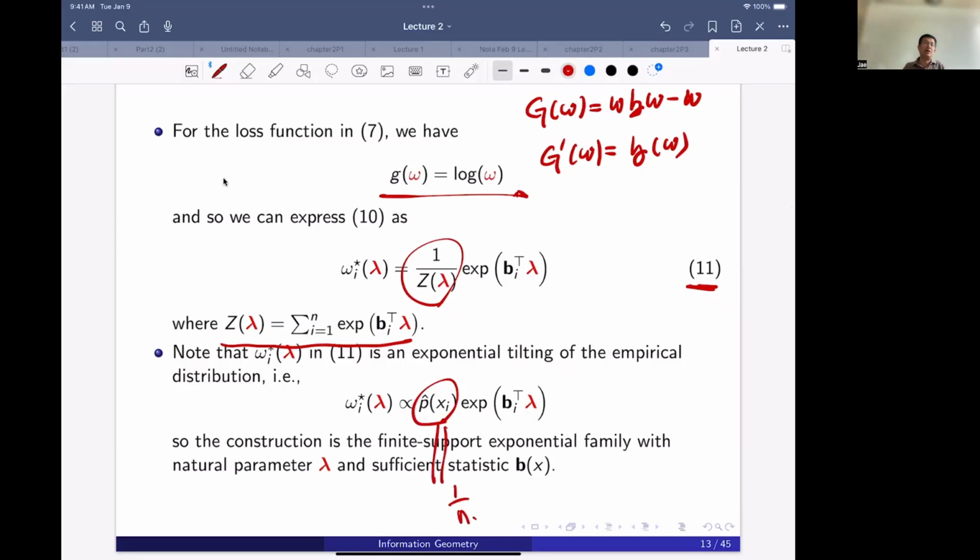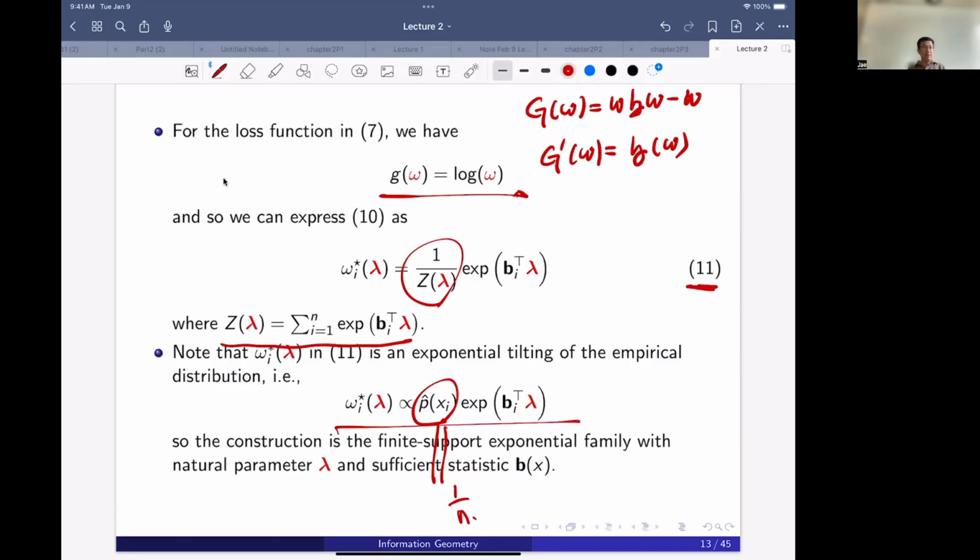And then you just multiply some exponential factor that adjusts. So if lambda is 0, that means you have no adjustment. If you're lucky, and the sample mean happens to be equal to the population mean, then you don't have to do any adjustment. But otherwise, you need to do some adjustment. And so that is basically what this is.